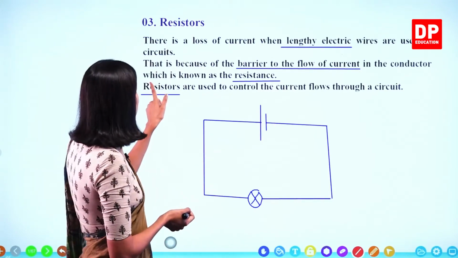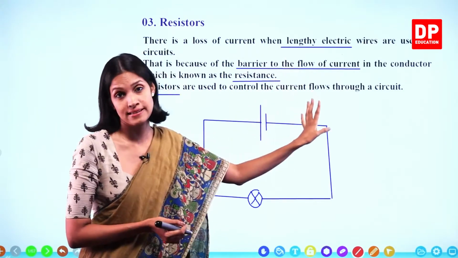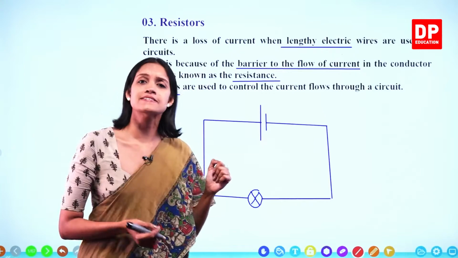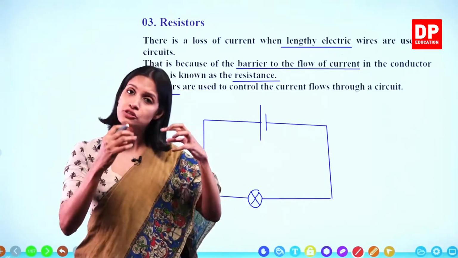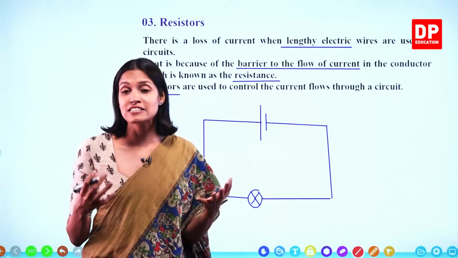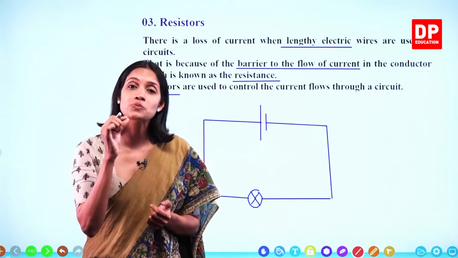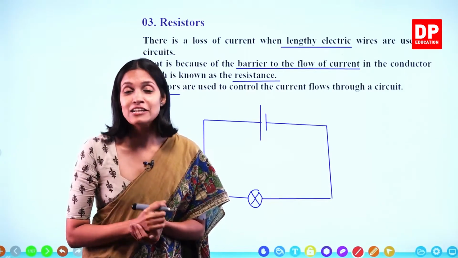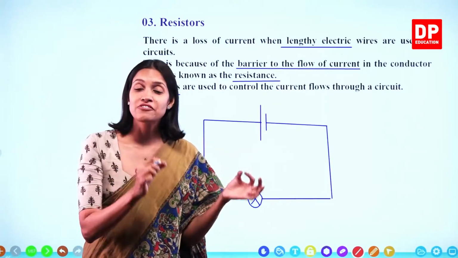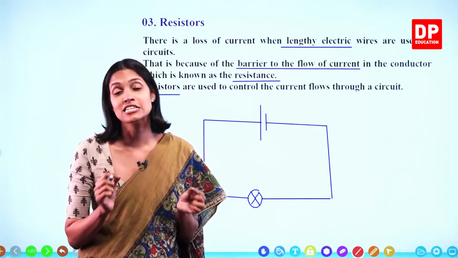In different instances, when we make different types of circuits, sometimes we have to control the amount of electricity flowing through the circuit. In that case, we can use these small devices with different amounts of resistance. These devices with different amounts of resistance are known as resistors.